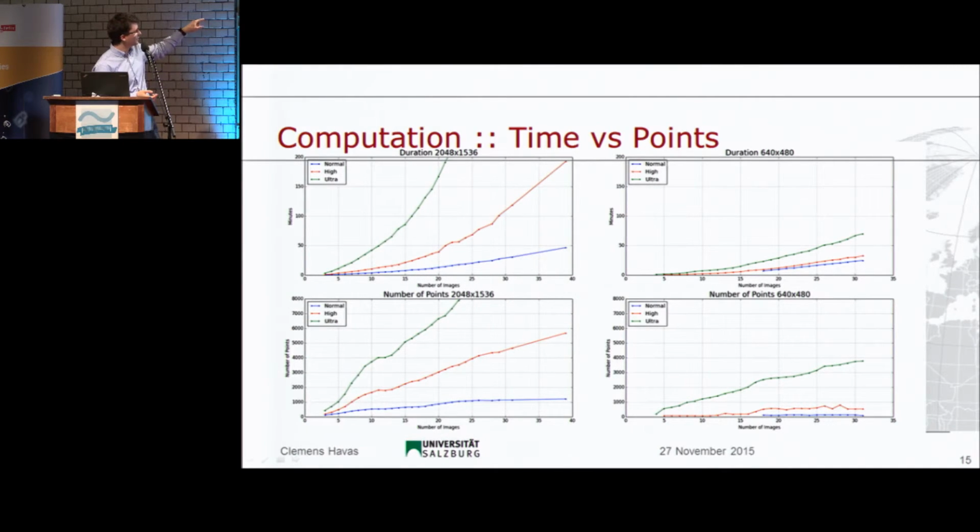You can see that it's an increasing slope like an exponential function in the minutes, and it's very linear when you look at the number of points. We think that in 10 minutes you can see that the slope of the high setting is as well very low, and you get already a large number of points, about 2,000 points.